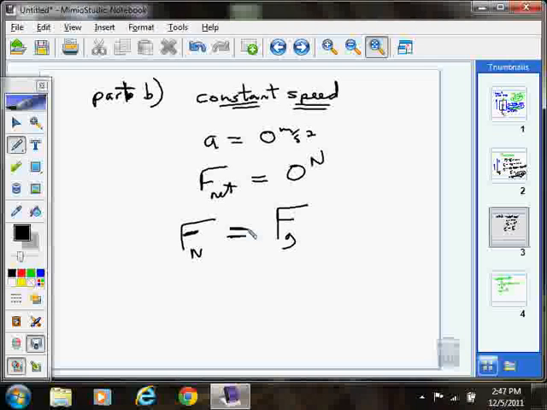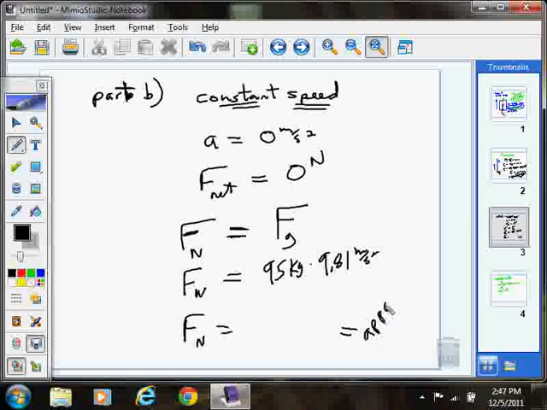So basically, the normal force is just going to be the weight of the person, which is 95 kilograms times 9.81 meters per second squared, and that's also what your apparent weight is. So in that case, your apparent weight and your true weight would be the same.